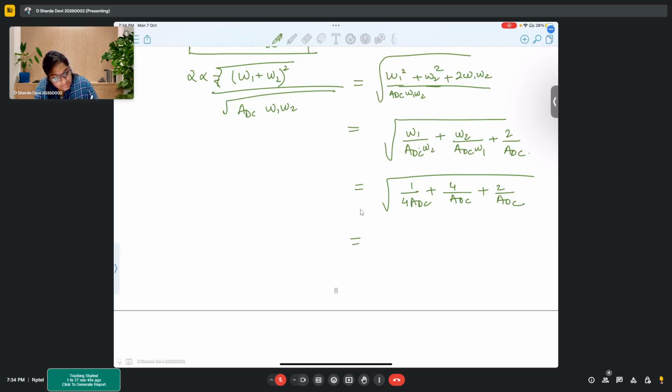That is, now 1 by 4 ADC. We know that ADC is much much greater than 1 because this is the gain, so we can neglect this. So we are left with 4 by ADC plus 2 by ADC.